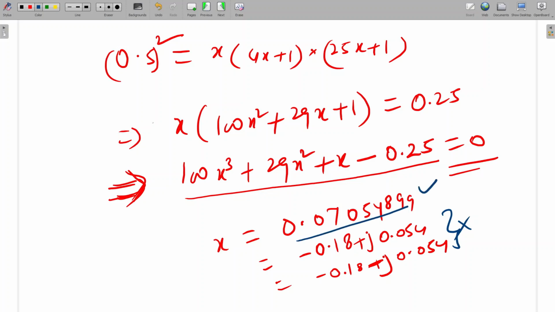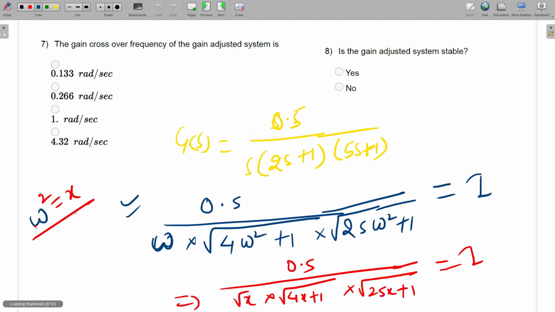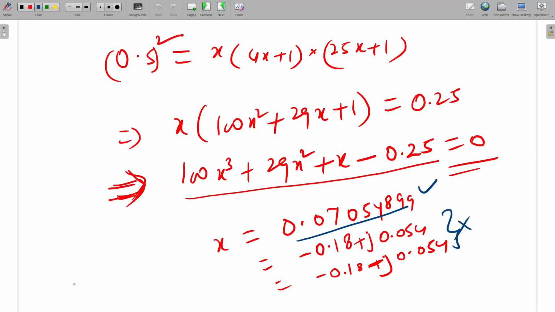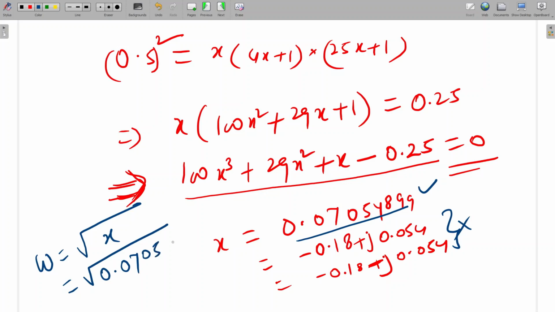So what will be the omega value? Omega is equal to under root x. Under root 0.07054899, so we are getting 0.2656.